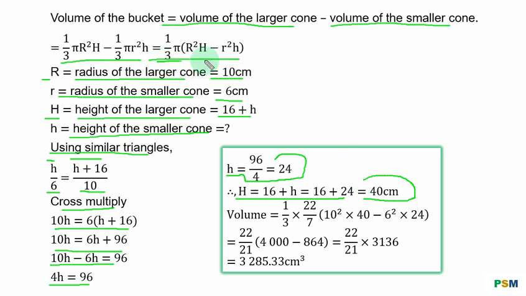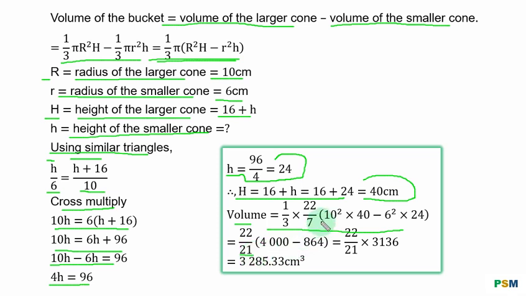You come back here and replace the various parameters with what they stand for. You have it in this form. When you simplify, you have 1 times 22, that is 22 over 3 times 7, 21, bracket open.